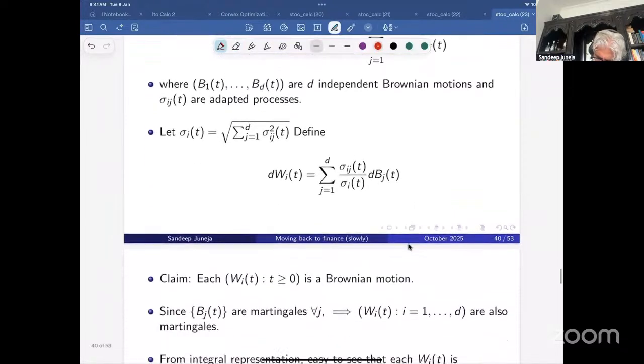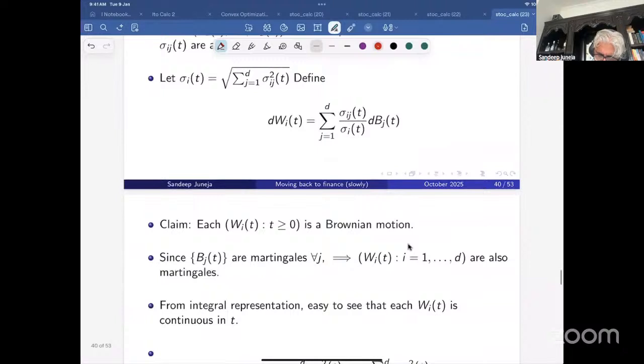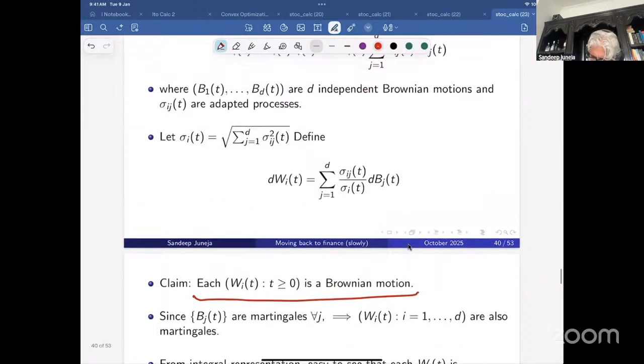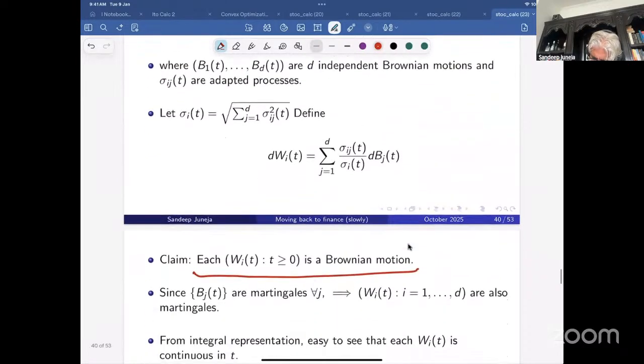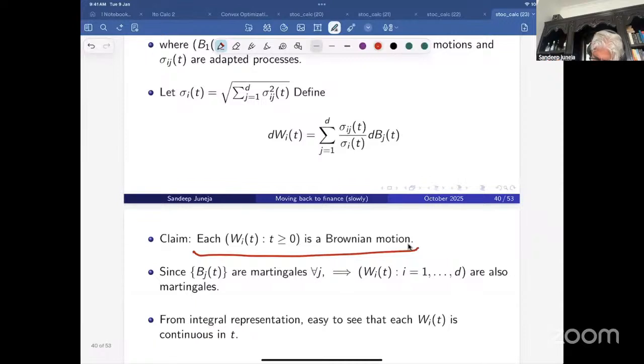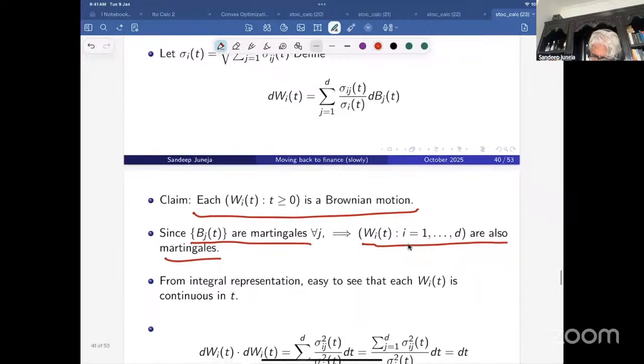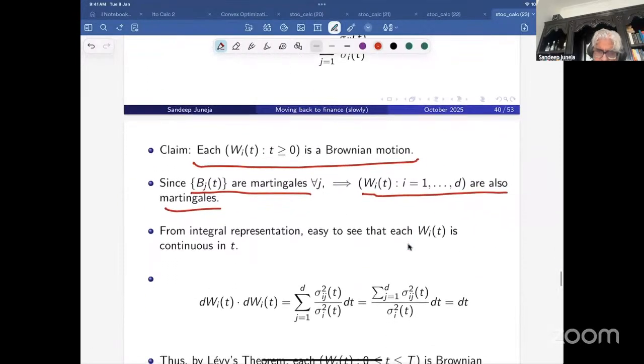It turns out that each W_i(t), the way we defined it, is going to be a Brownian motion. What do we need for it to be a Brownian motion? First, we need it to be a martingale. Since W_i(t) is a sum of stochastic integrals, it's a martingale. And it's continuous, because stochastic integrals are continuous and this is a sum of continuous functions. Then what else do we need?